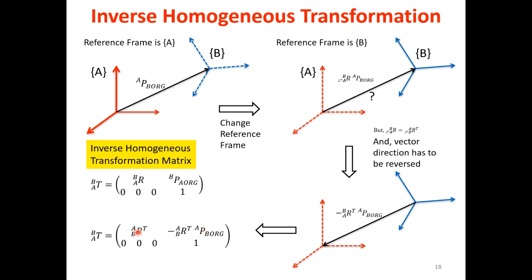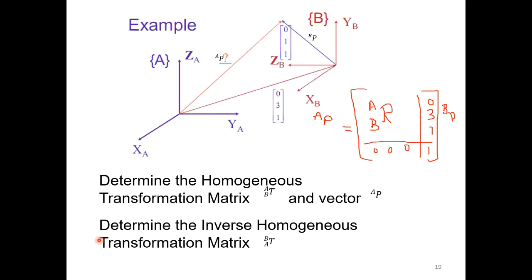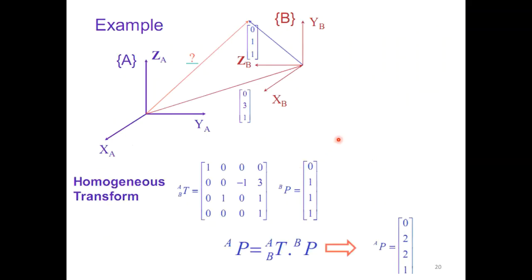You can put that into this form and get the inverse. So when you do that, this is what you get. ABT, the homogeneous transformation matrix, is this one. So you can say 0, 3, 1, which is the origin of the frame here, this vector actually, right?